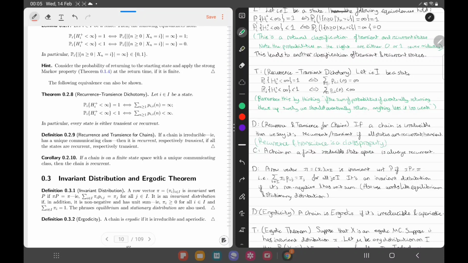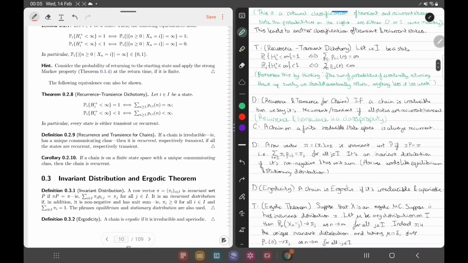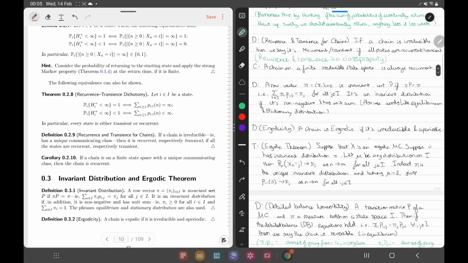The way I think about this is by thinking about the lemma I'm supposed to prove later on, which is the ergodic theorem, which basically says if the chain is ergodic, then your states behave, really far into the future, in a way where you're expected to be at a specific point with respect to some distribution.